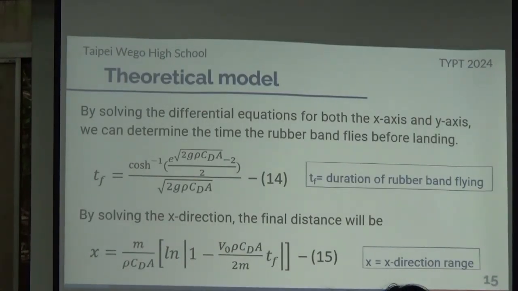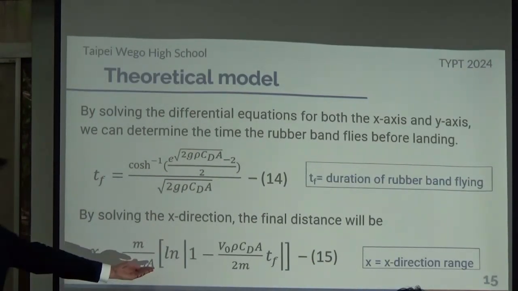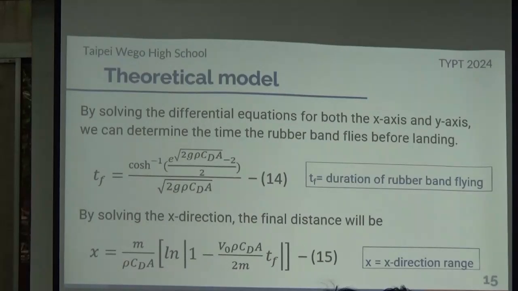By solving the differential equation, formula 13, we know that the time of the rubber band's flight is like this. Solving the x direction, we got the final distance as this formula 15.